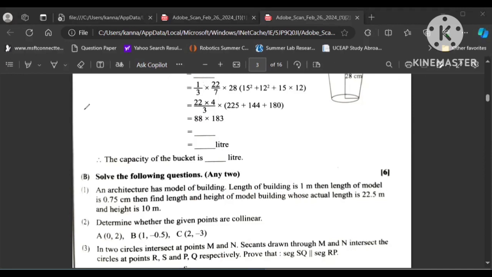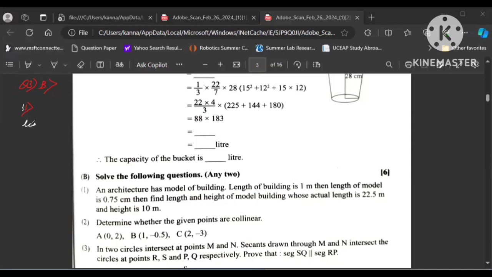This is question number 3, part B, question number 1. What they are saying: the architect has a model of a building. Length of the building is 1 meter, then the length of the model.